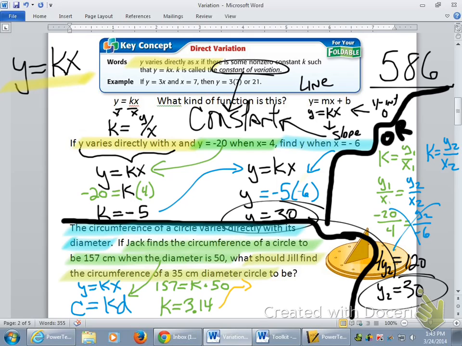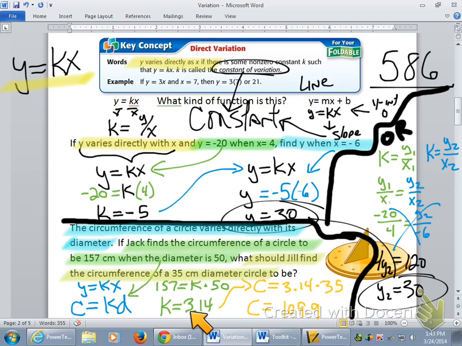So for her, the circumference equals k, which she just found out was 3.14, times d, which for her is 35. And what does she find her circumference to be? 109.9.